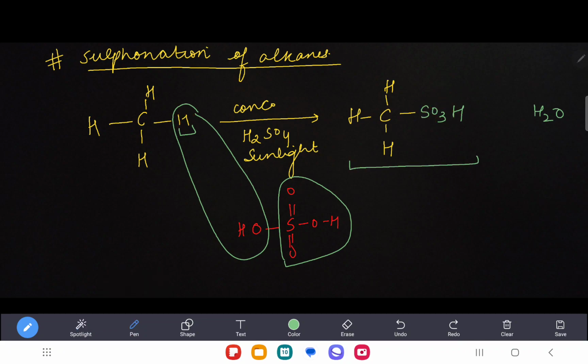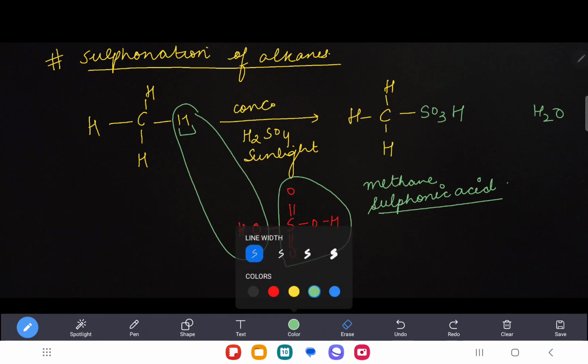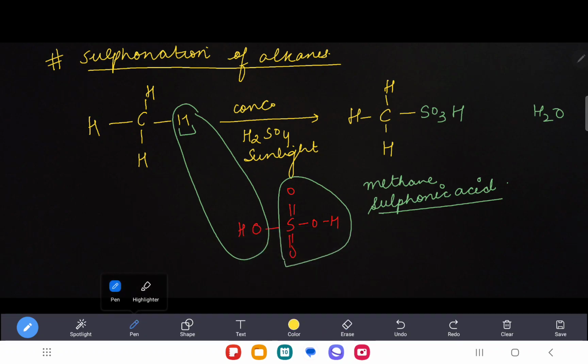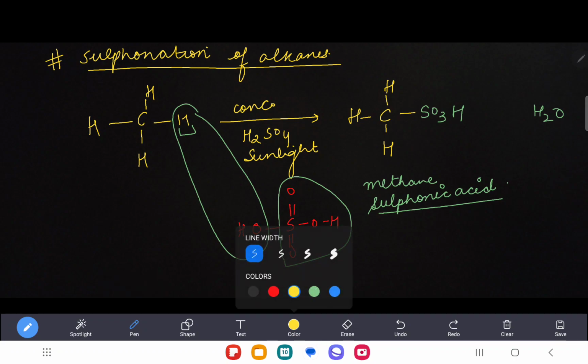We call it methane sulfonic acid. Do you understand my point? So that is the concept.